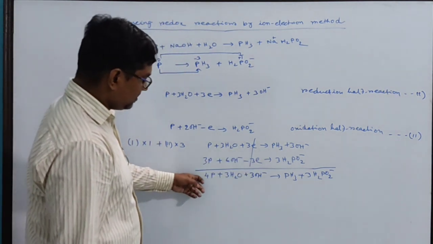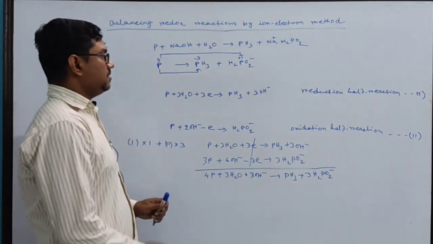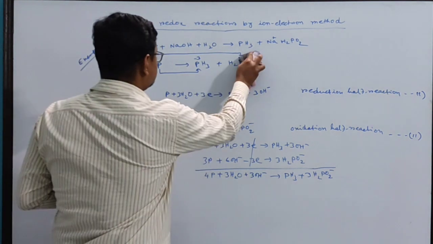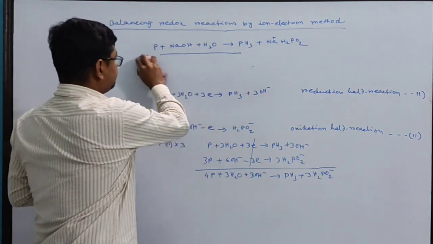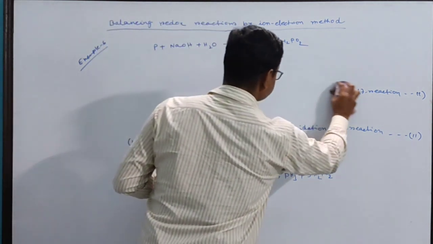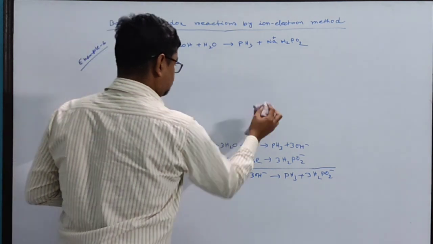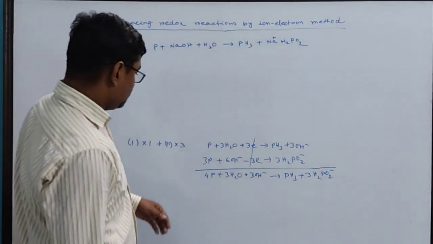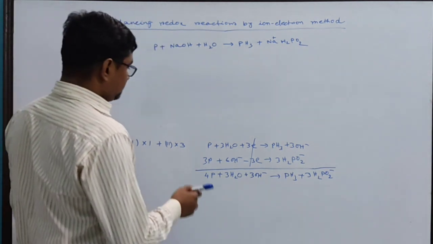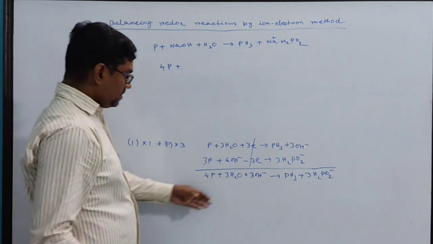Now we have to convert it in the molecular form as the reaction is given in the molecular form. For that we will need this space. Okay, so P was there, so if we write it as 4P, that will be okay, no problem.